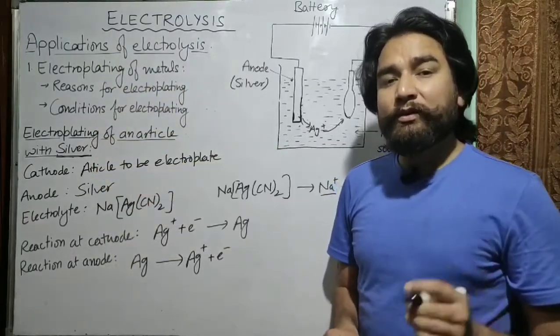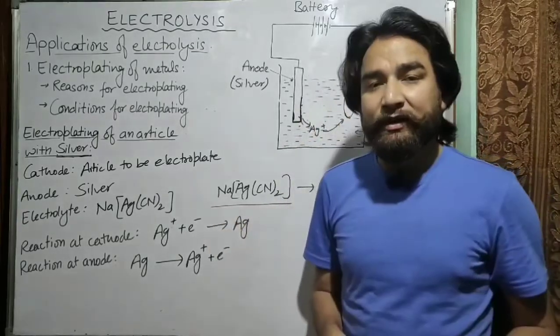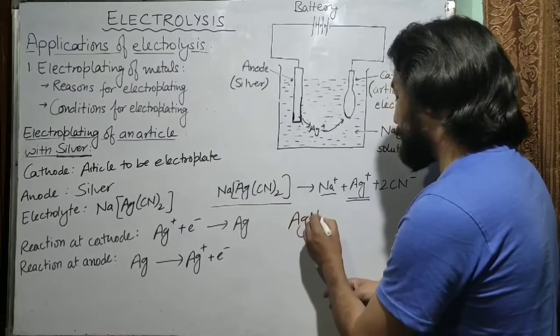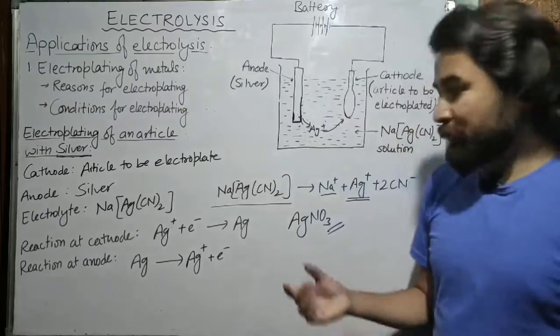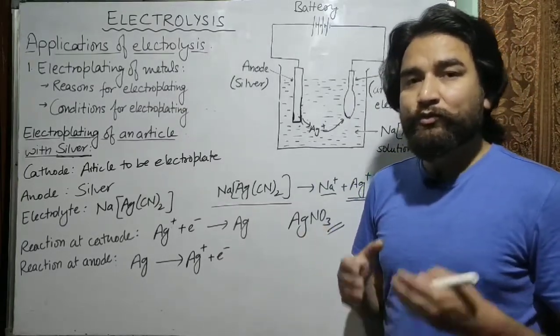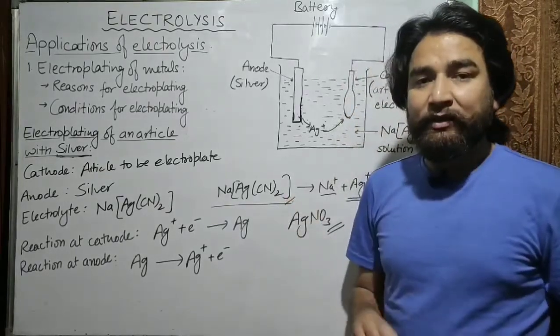Now there may be a question in your examination: why do you use sodium argentocyanide and not silver nitrate for electroplating? Silver nitrate is not used for electroplating, but we use sodium argentocyanide. What is the reason?